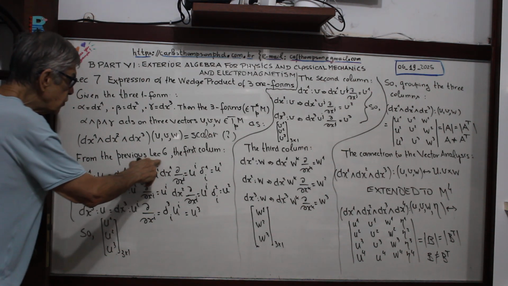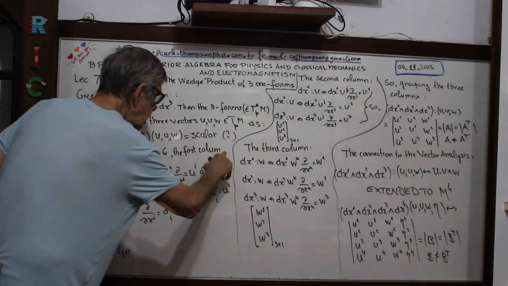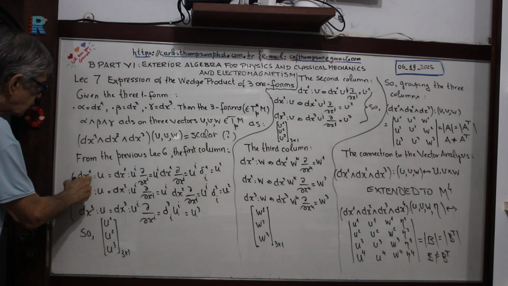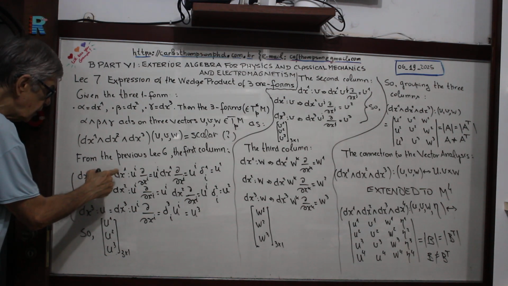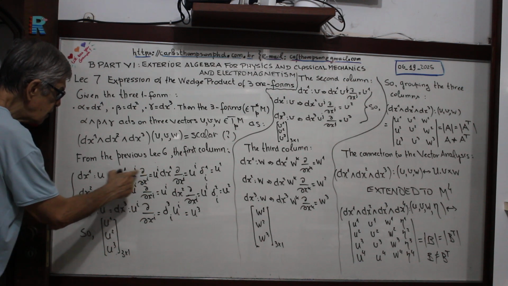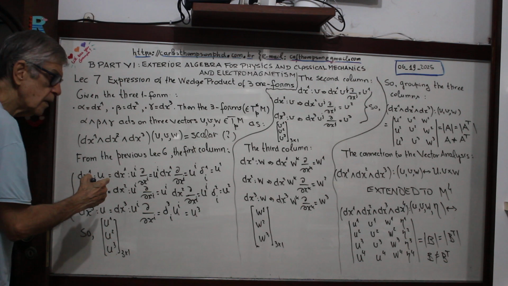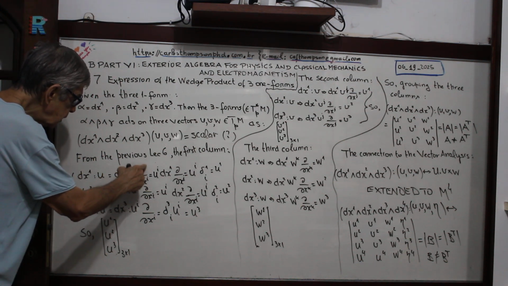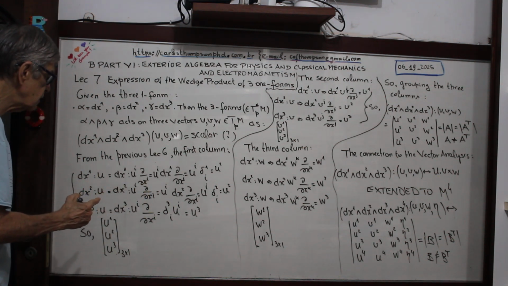Now, from the previous lecture 6, the first column, the dx1 I set equal u. Then this is the map. You see, that's a map. dx1 belongs to the cotangent vector space. u^i partial derivative with respect to x^i belongs to the tangent vector space.